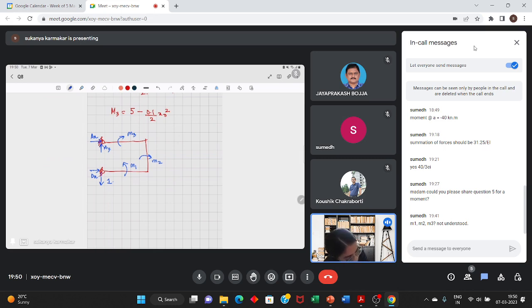This is clearly visible. Summation of force in the vertically upward direction is 0, so ay is equal to 1. Then summation of ax and dx is equal to 0. Do you need the vertical reactions? Yes, you need.